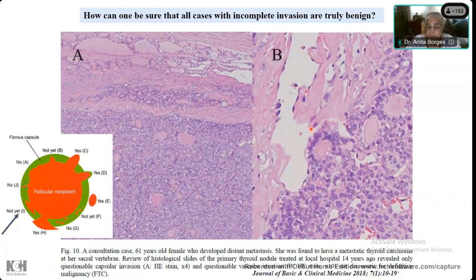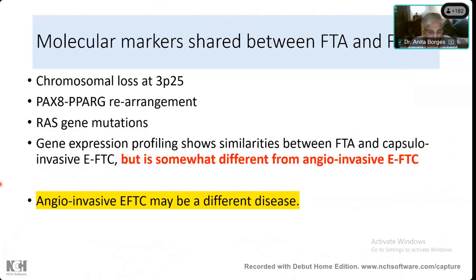It's a difficult problem, and I don't think that difficult problem is going to be solved anytime soon with respect to the diagnosis, okay? But we have to find an answer, right? So is there a difference between the invasive and the non-invasive tumors? And the answer is no. There is the same chromosomal loss at 3p25, RAS gene mutations, PAX8/PPAR gamma rearrangements.